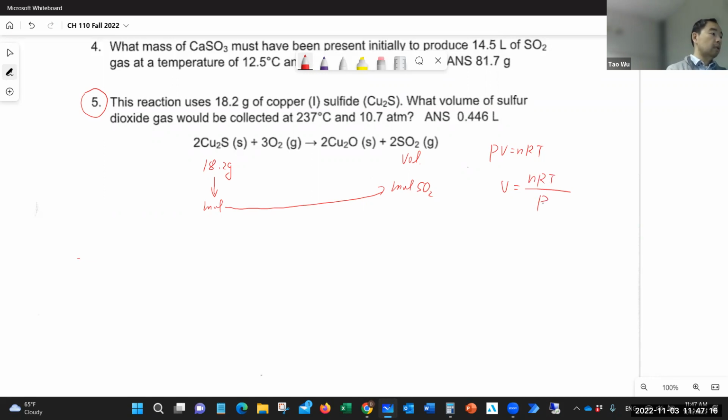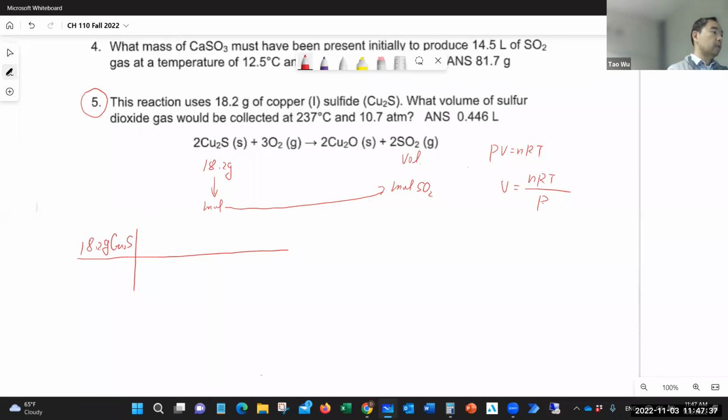Okay, so let's first figure out the moles of the SO2 based on the mass of the copper 1 sulfide. So we have 18.2 gram of the copper 1 sulfide, and obviously you're gonna divide by molar mass to get the mole of the copper 1 sulfide.